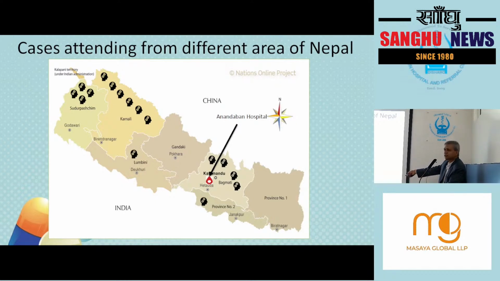Our location is located here. Patients are coming because they have asymptomatic skin lesions, they don't get the proper diagnosis, and their skin lesions are not cured.